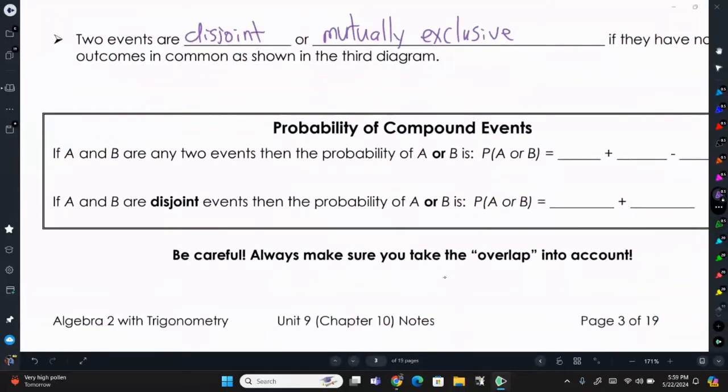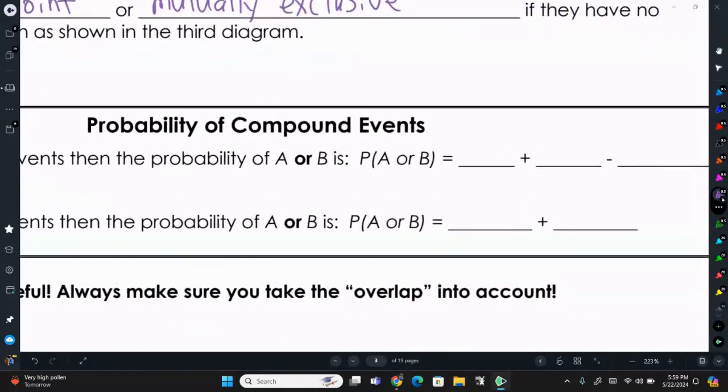If A and B are any two events, the probability of A or B is the probability of both of them separately minus the intersection. So we would write that as the probability of A occurring plus the probability of B occurring minus the probability of A and B. So minus what is in both of them.